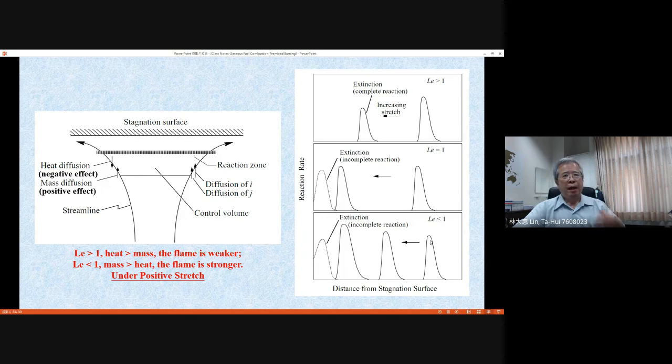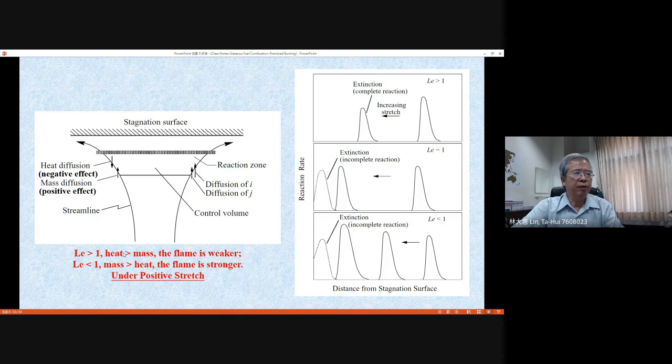Now we go back to the first case we described, Lewis number bigger than 1. I repeat again. Lewis number bigger than 1 means that in the denominator, the heat diffusion is more important than the mass diffusion. Then in this case, heat is stronger.